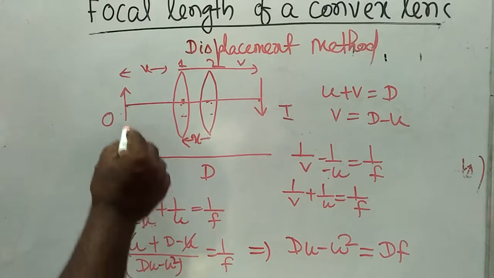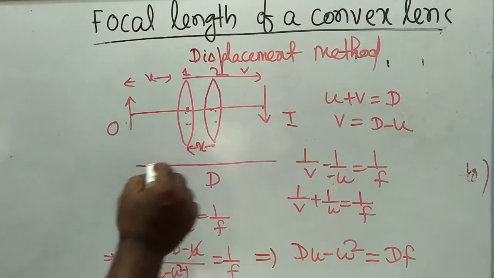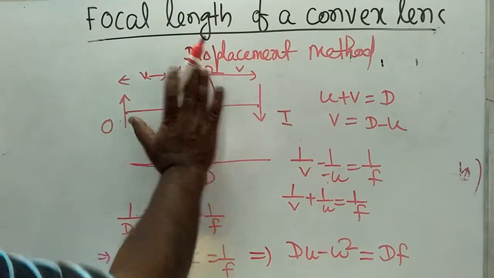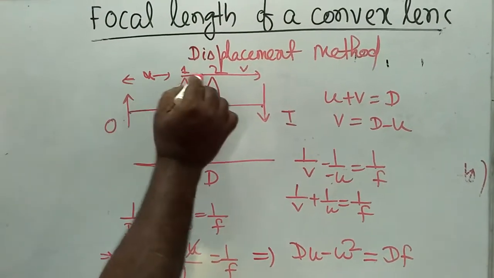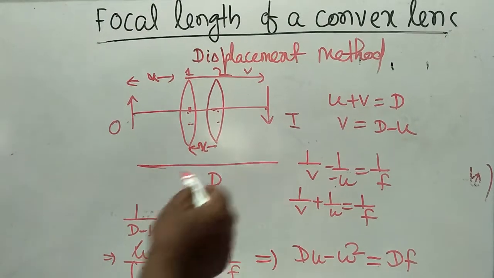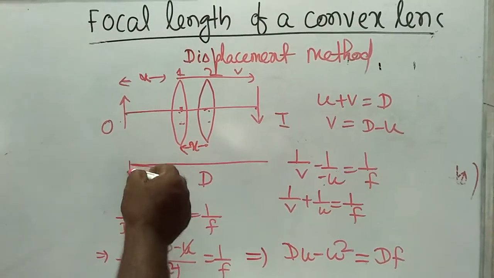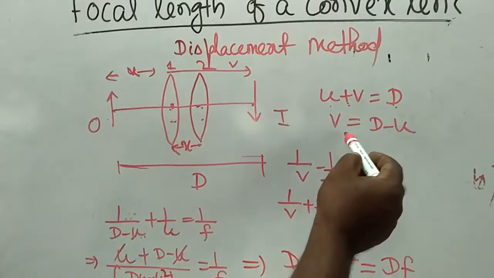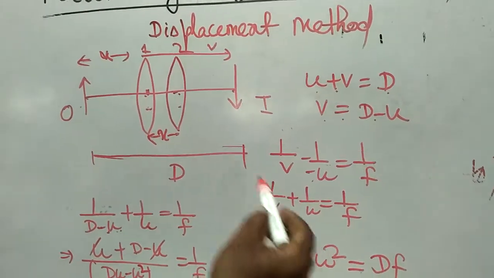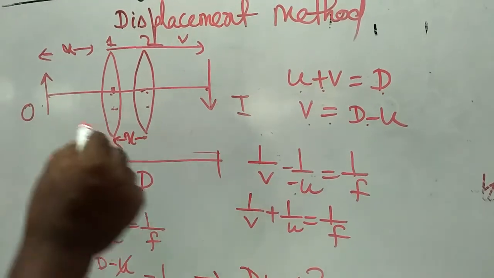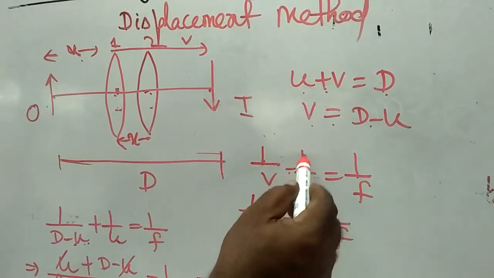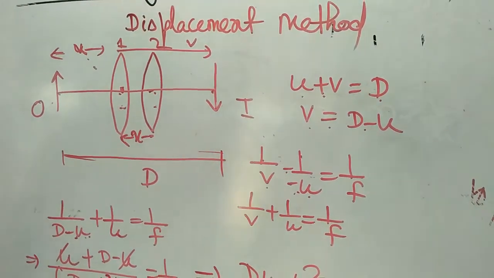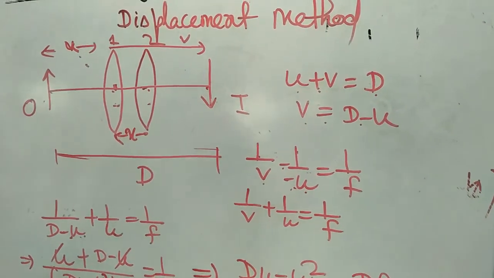Suppose the distance between the object and the image remains fixed, capital D. Let us calculate the focal length. If the object distance is u, the image distance will be v. So according to this constancy, we can write u + v = D, or v = D - u. With the sign convention, 1/v - 1/(-u) = 1/f, or 1/v + 1/u = 1/f.